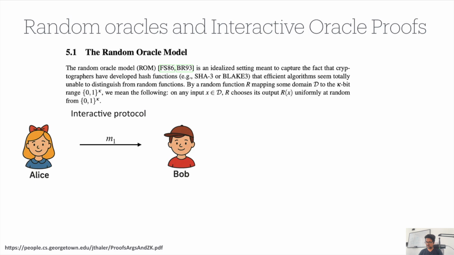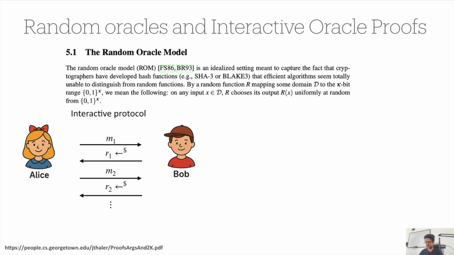Okay, so in general, an interactive protocol works like this. You have Alice and Bob, who are prover and verifier. Alice sends a message, Bob responds with a symbol meaning we are drawing a value from a uniform distribution, which is the challenge, and then Alice sends a message, Bob sends back a challenge, and so on.